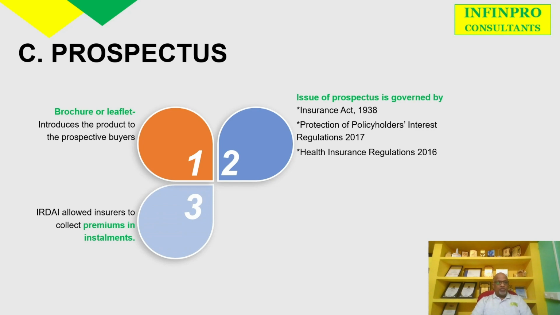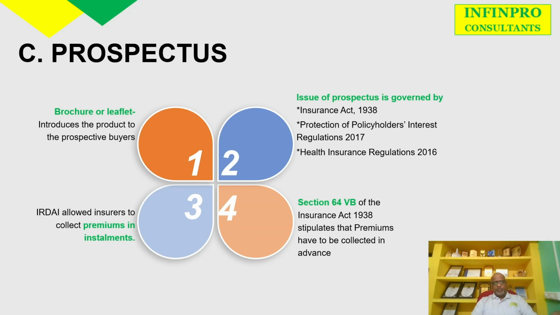IRDA allows insurers to collect premiums in installments as mentioned in the prospectus, and Section 64VB of the Insurance Act 1938 stipulates that premiums have to be collected in advance.